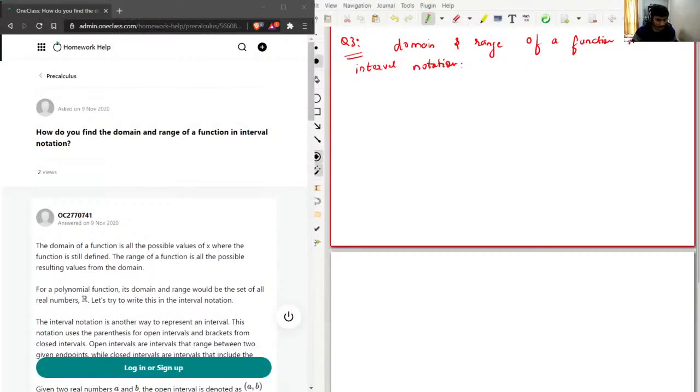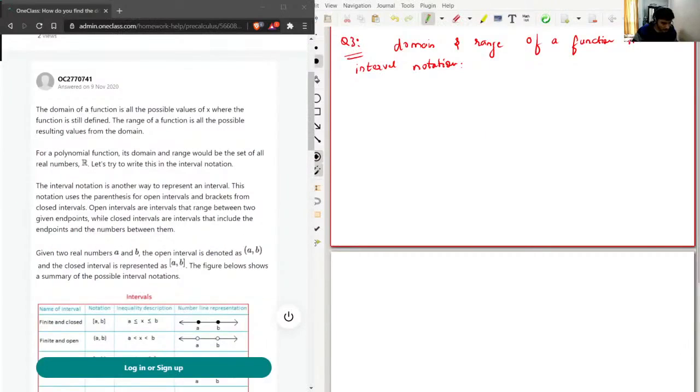So first thing, it is a theoretical question, so I'm not going to write this theory again because it will take my whole time. I'll just read the important points. The domain of a function is all possible values of x where the function is still defined.